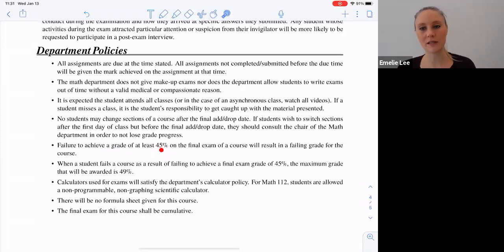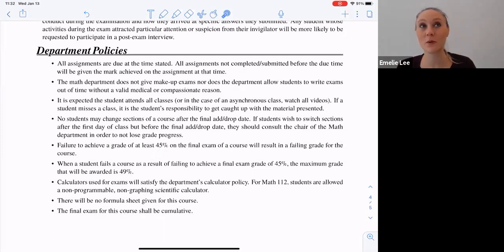Now, with the final exam only being worth 25% of your grade, it's totally possible for you to not write the final and still potentially have 75% of the course. But with this condition, you have to get at least 45% on the final in order to pass the course. So even if you pass technically, you have to be able to spew out 45% of the course on the final exam, which has never been a problem.